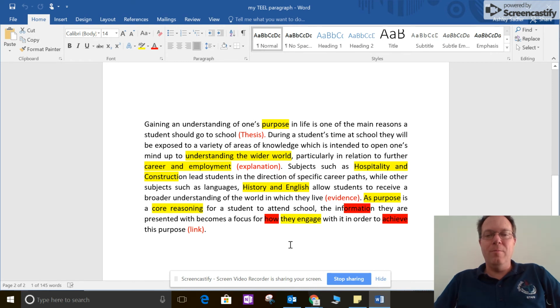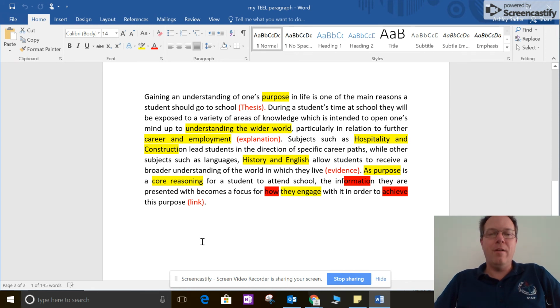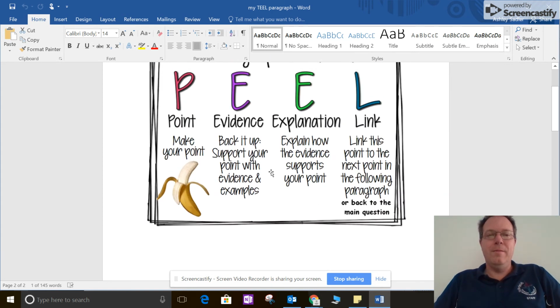However, did anyone work out what my next paragraph would be? All right, the next paragraph is on the concept of how we actually learn. So it's the information, how you receive that information, and what is it you're trying to achieve with that information. So if I went on, I'd have a paragraph now saying a core reason for coming here is actually learning how to do things.